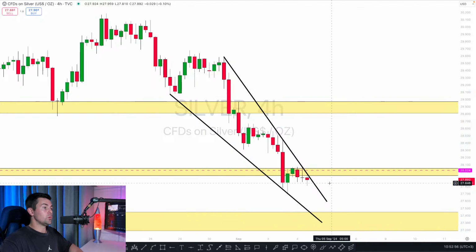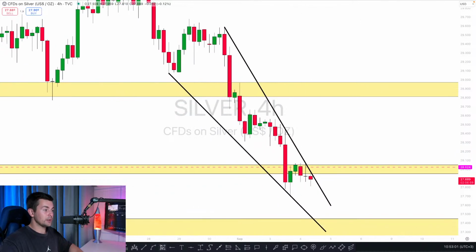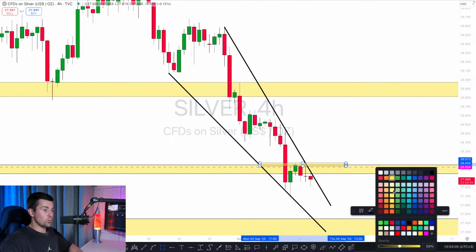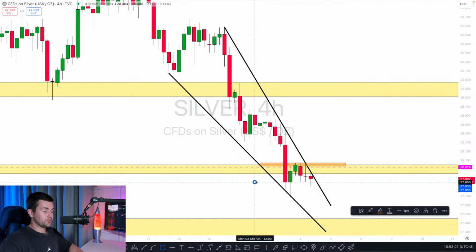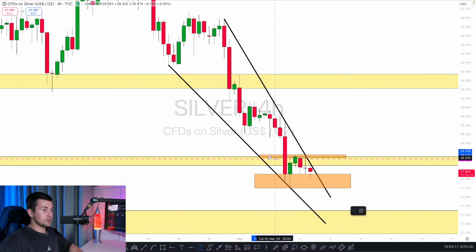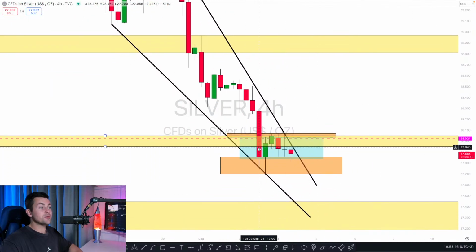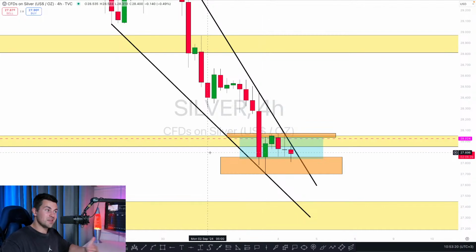The market is now consolidating within the boundaries of the wedge, and that range is very peculiar because it was formed exactly after the test of our yellow daily structure support.